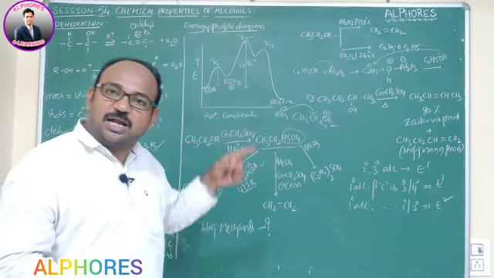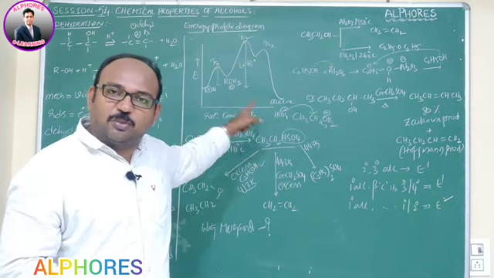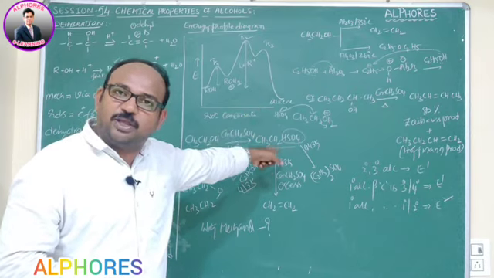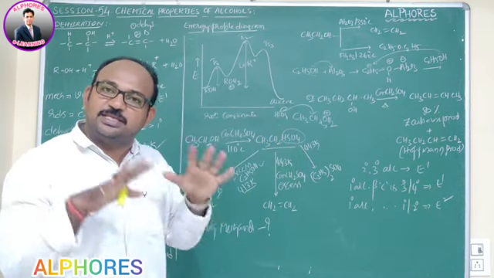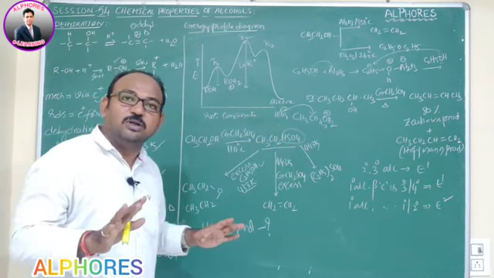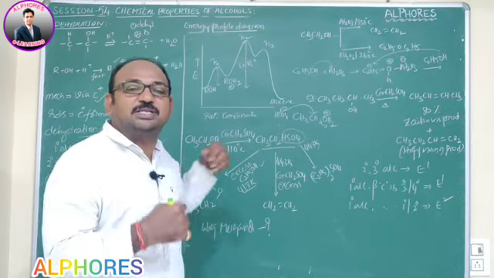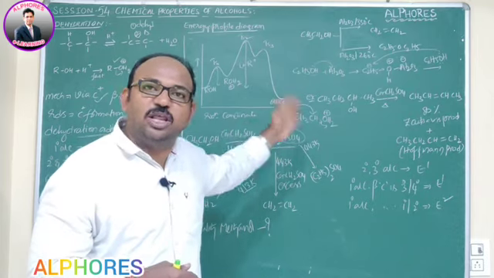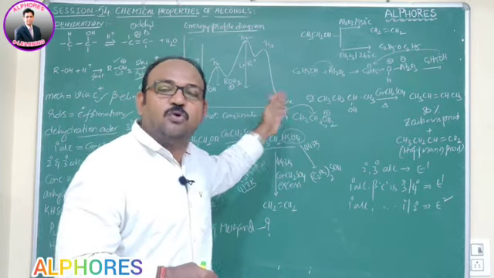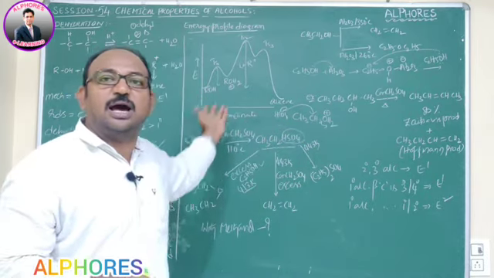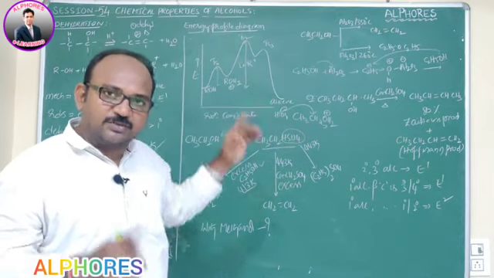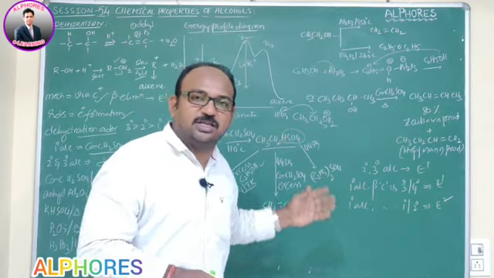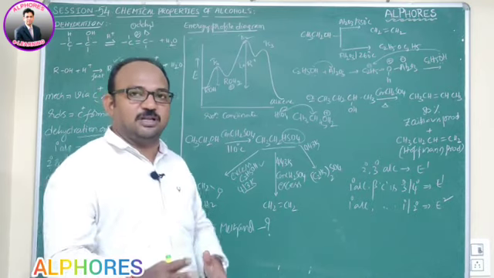But when we are using concentrated sulfuric acid, after protonation the counterpart left here is HSO4 minus. That HSO4 minus cannot act as a good nucleophile, and moreover it has more tendency to leave. That means it facilitates substitution or elimination. That's why for acid catalyzed dehydration we always prefer to use concentrated sulfuric acid.